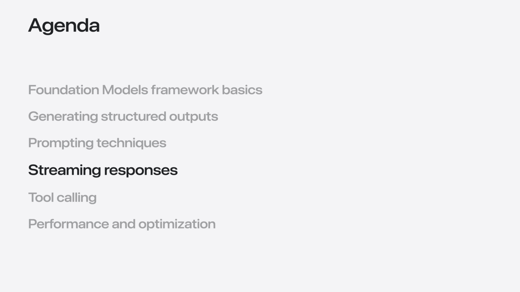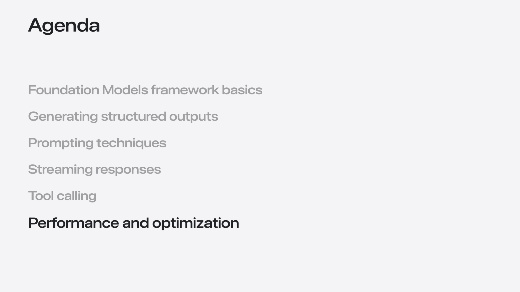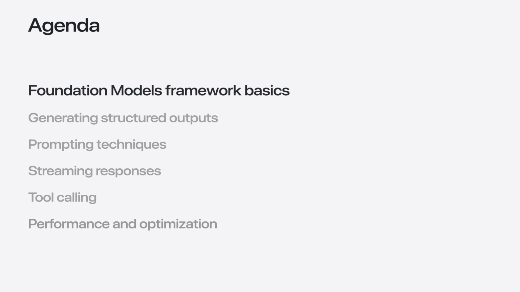Next, we'll learn how to stream the model's response to update the UI in real time for a great user experience. We'll then explore tool calling. Tools are powerful ways to give the model access to your own custom functions and data to extend its capabilities. And finally, we'll cover performance optimizations to make our generative features feel faster and more responsive.